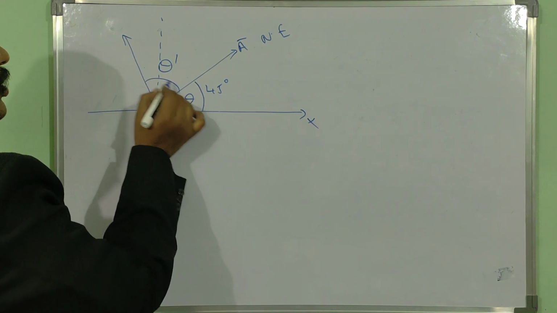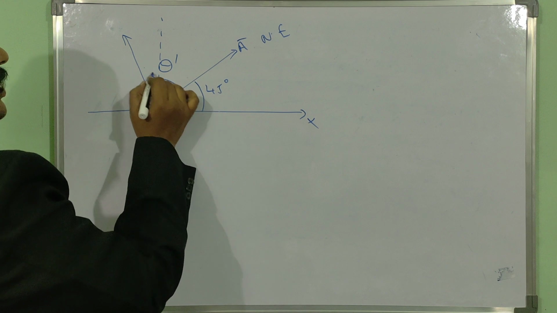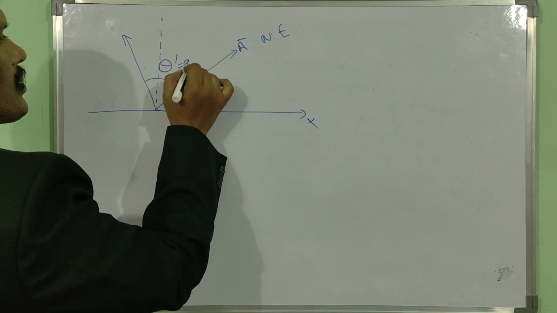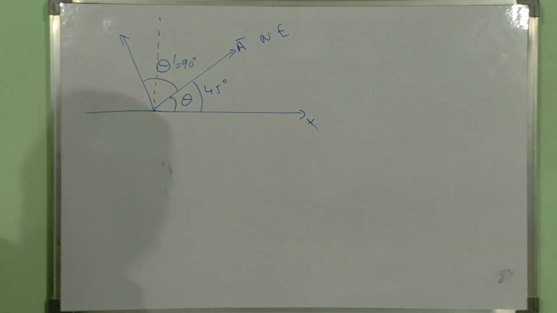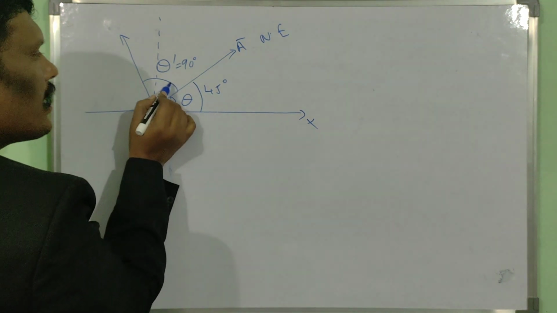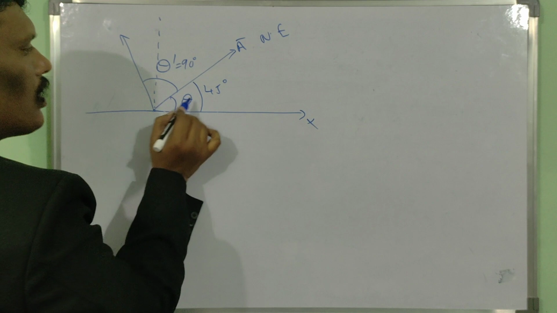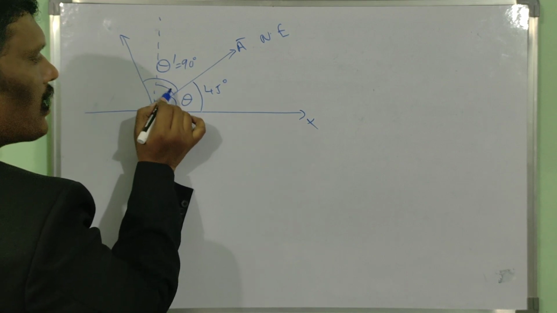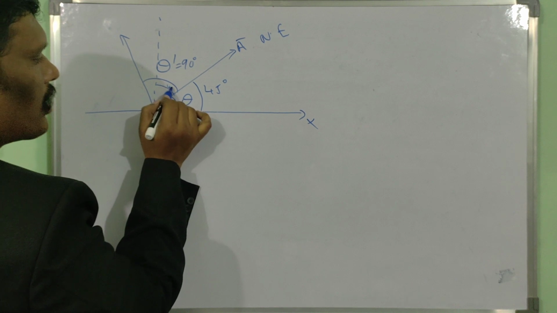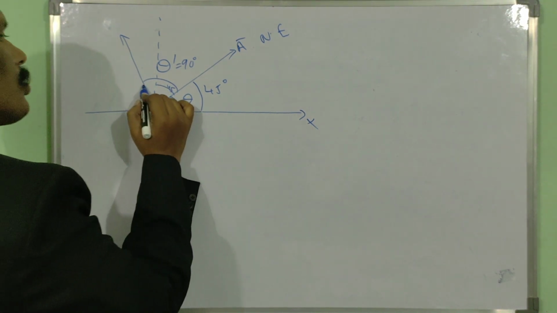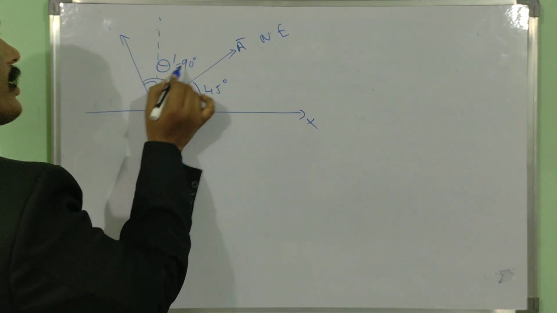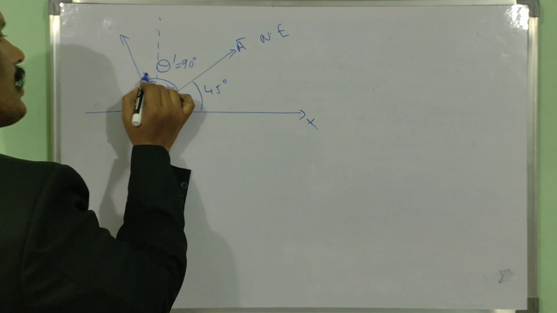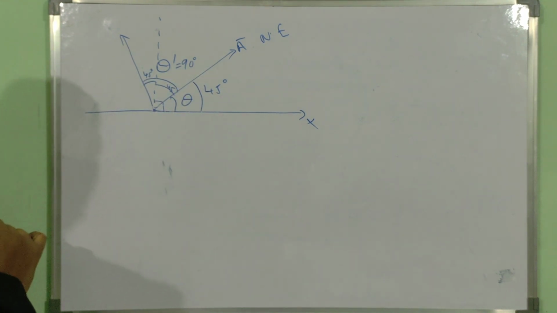Now I rotate this vector, suppose by 90 degrees. I consider theta dash as 90 degrees. That means I rotated it 90 degrees. This is 45, we already know that. This is perpendicular. Then what about the remaining angle? Because it totally rotated 90 degrees, the remaining angle is 45 degrees.